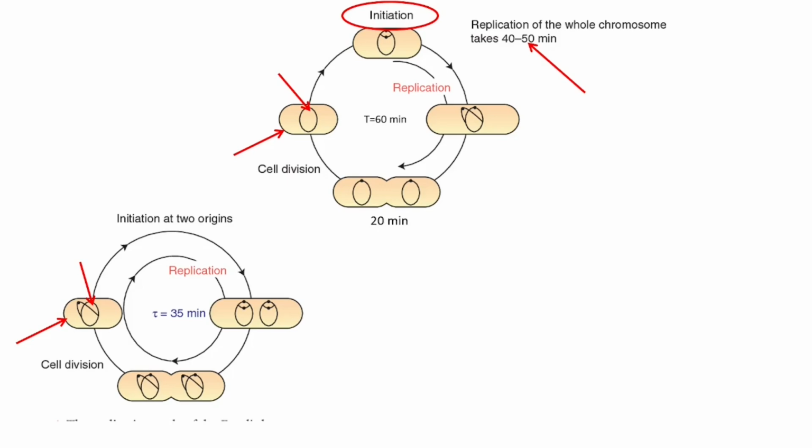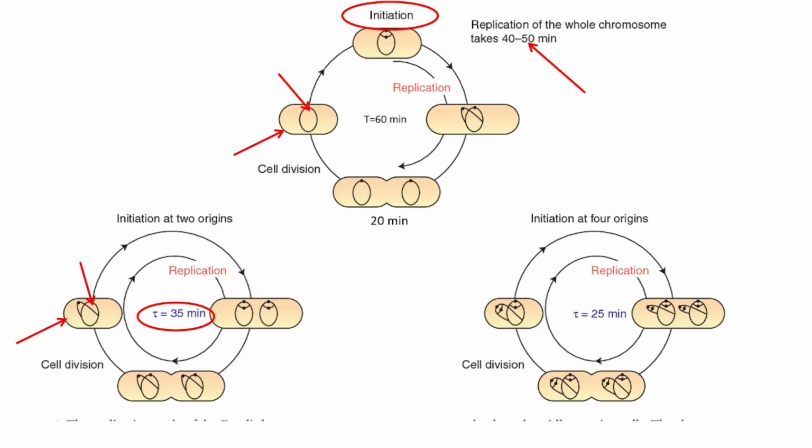As a result, the total time required for cell division will not be 60 minutes, but only 35 to 40 minutes. There can be multiple initiation events and multiforked DNA can be seen. The daughter cell with such multiforked DNA will just take 20 to 25 minutes to complete replication followed by cell division.